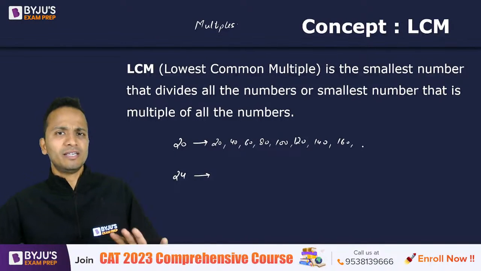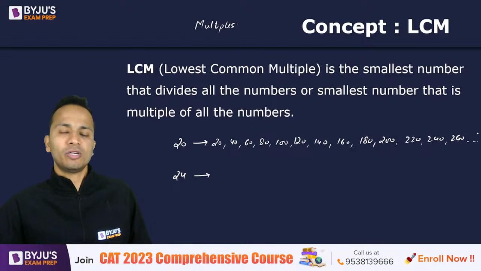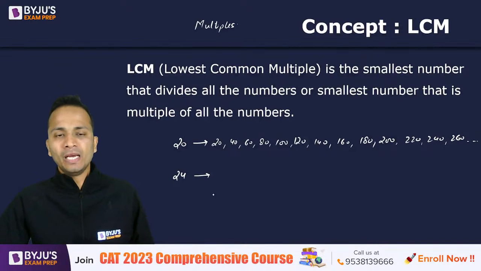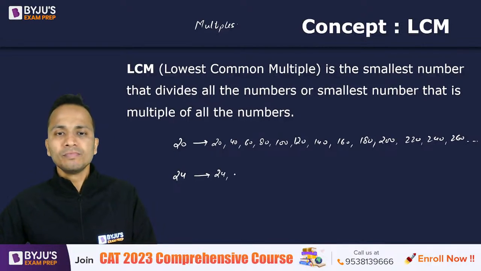I'll try to write 11, 12 multiples: 180, 200, 220, 240, 260, and so on. Obviously, I cannot write all of them. Now, the same thing I'll do with 24: 24, 48, 72, 96, 120, 144, and so on.